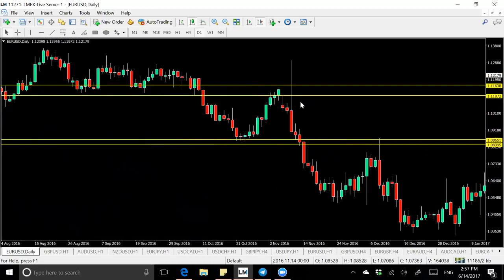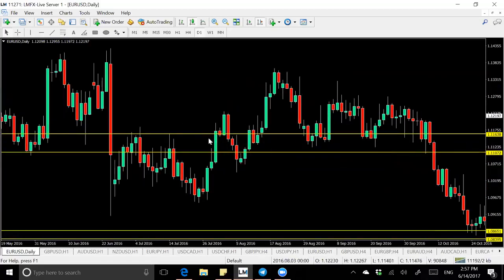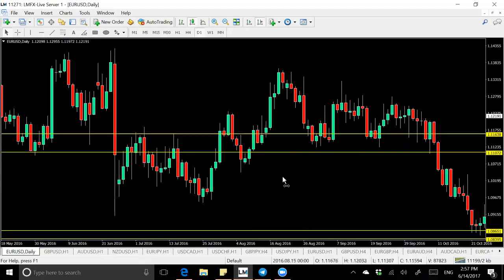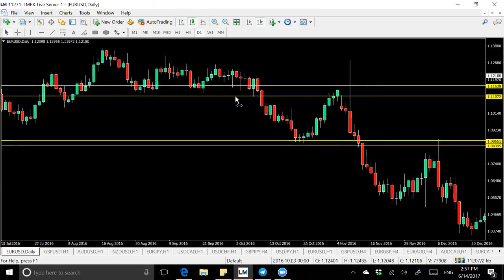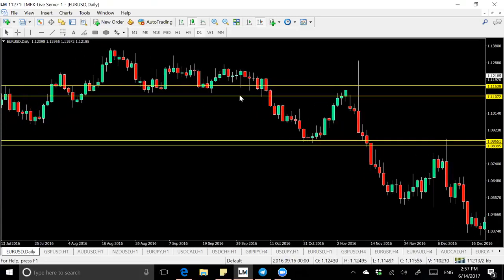Now we check that. We see here it is being respected in the past if you go back. All these levels here have been respecting this support and resistance. Why am I not able to drag this?